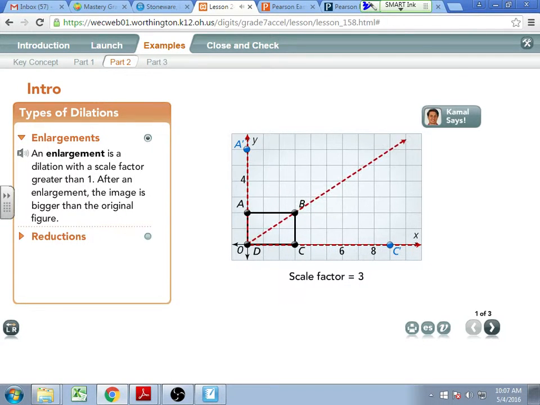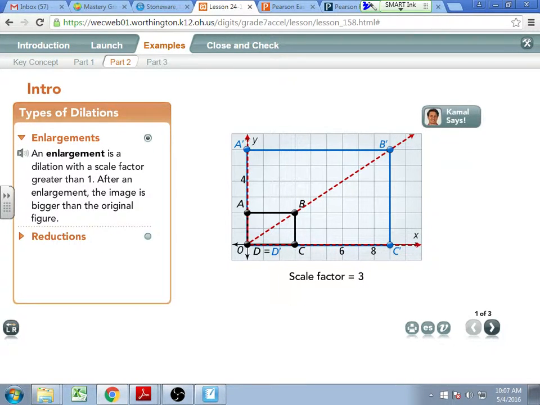Similarly, B prime is 3 times as far from the origin as B. D is at the center, so D prime is in the same spot. Rectangle A prime, B prime, C prime, D prime is an enlargement of rectangle ABCD. Something that looks like this. Now this is what we call an enlargement because from our pre-image to our image, we got bigger. That's kind of self-explanatory.